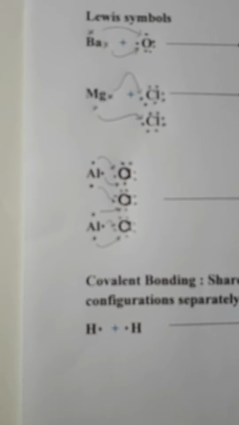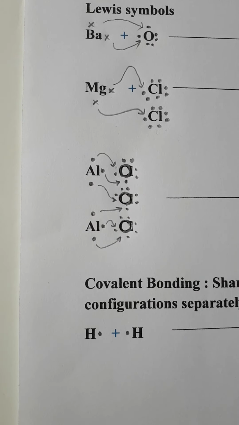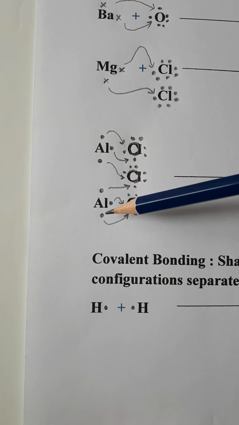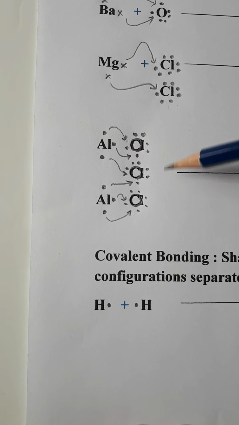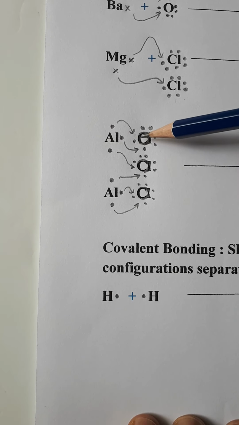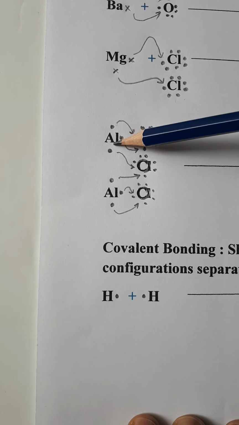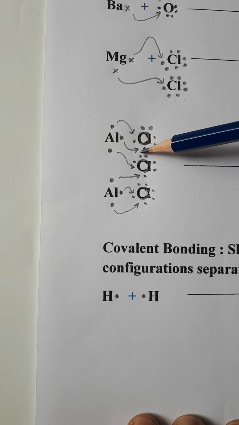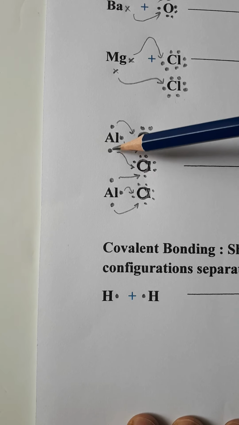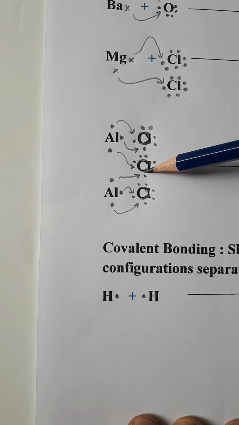Aluminum oxide. Let's see how aluminum oxide is formed. We need 2 aluminum atoms and 3 oxygen atoms. See, 2 electrons from this atom come to this oxygen atom, and these 2 electrons come to this oxygen atom.